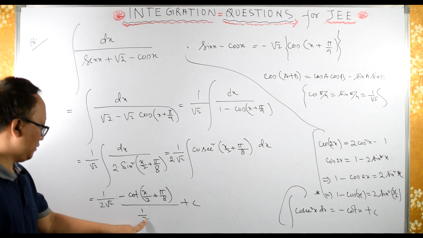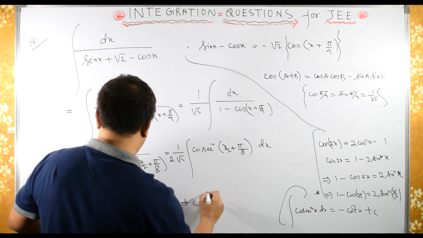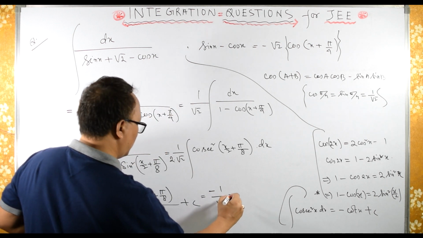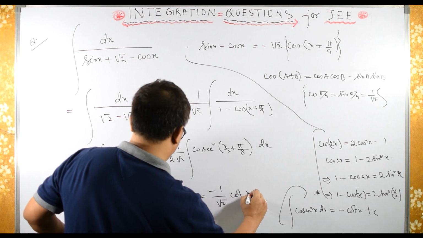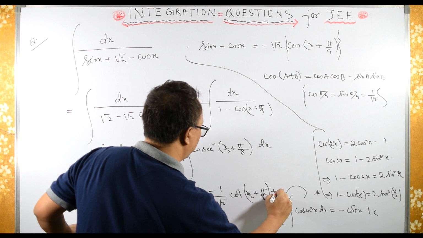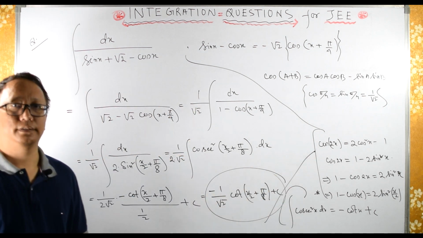Now these 2 and these 2 get cancelled. So what we'll get is minus 1 by root 2 cot of x by 2 plus pi by 8 plus c. This is the required answer.